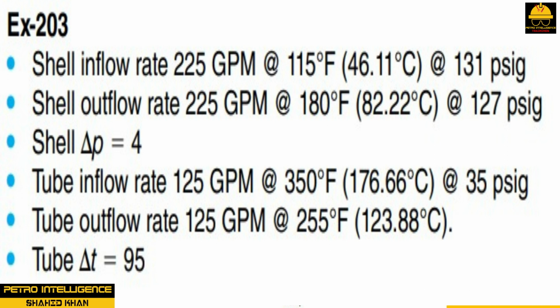Tube inflow rate 125 GPM at 350 degrees Fahrenheit or 176.66 degrees Celsius at 35 psig. Tube outflow rate 125 GPM at 255 degrees Fahrenheit or 123.88 degrees Celsius. Tube delta T equals 95.